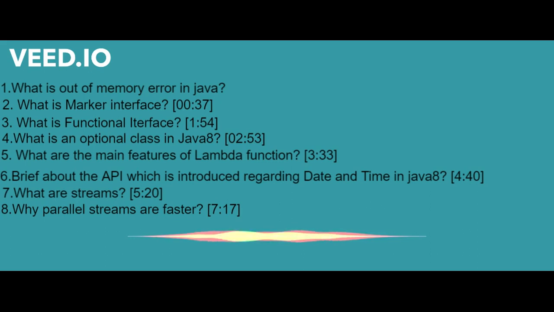And what are the main features or characteristics of lambda functions which are introduced in Java 8? Yeah, lambda functions are nothing but to reduce the lines of code. If I give an example of the Runnable class only, in the run method we can define any number of lines, right?